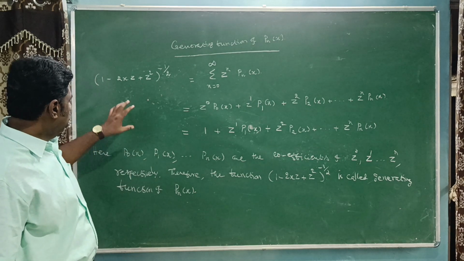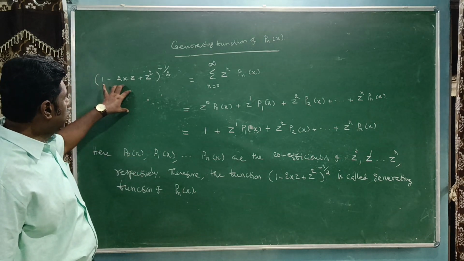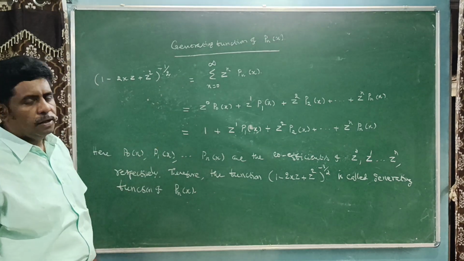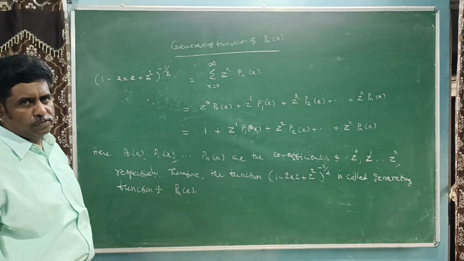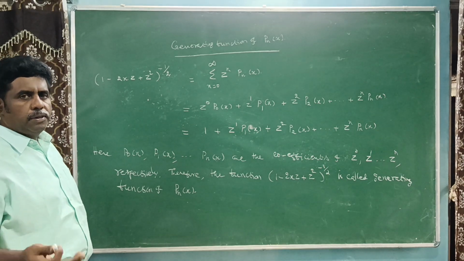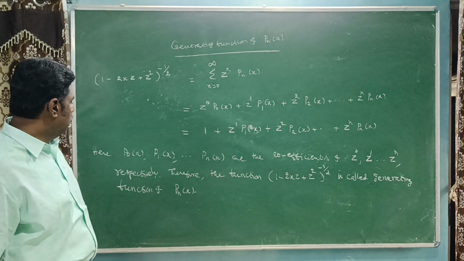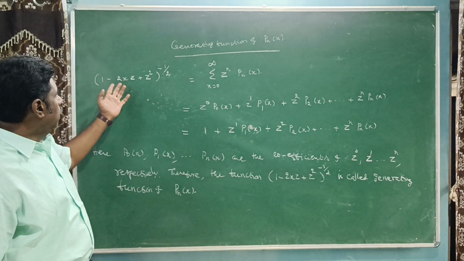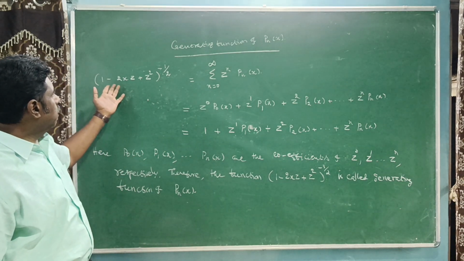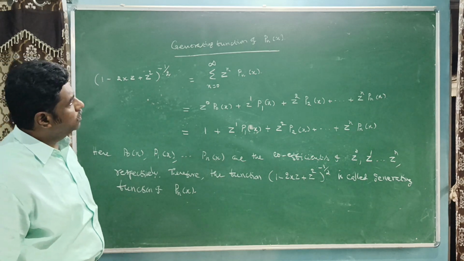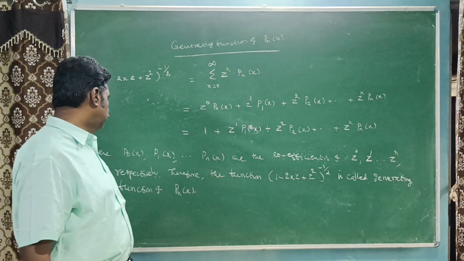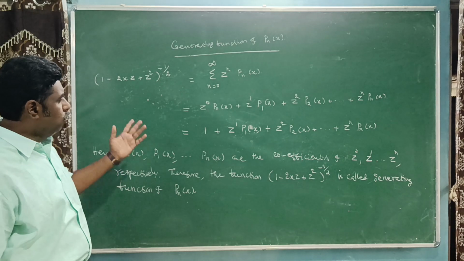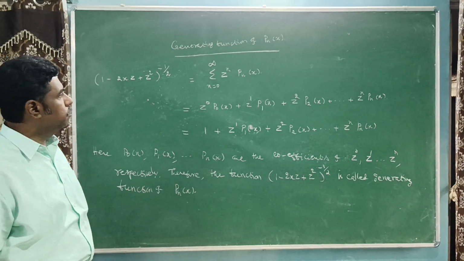Therefore, with the help of this function, we can generate polynomials P1 of x, P2 of x, P3 of x, and so on. Only due to this reason, we call this function a generating function of Pn of x. Now we have to prove the same.